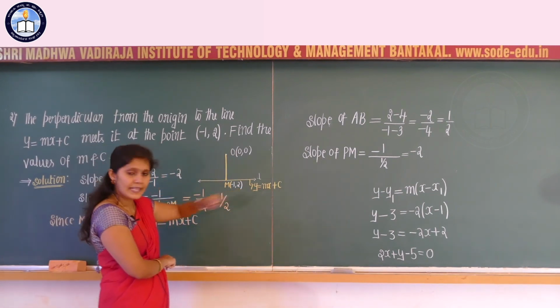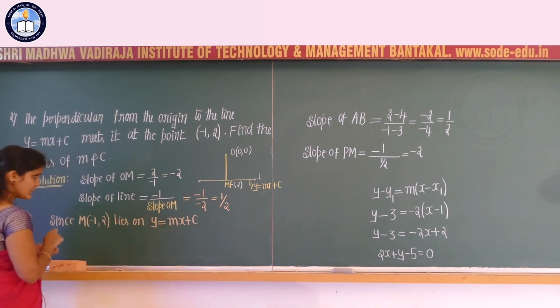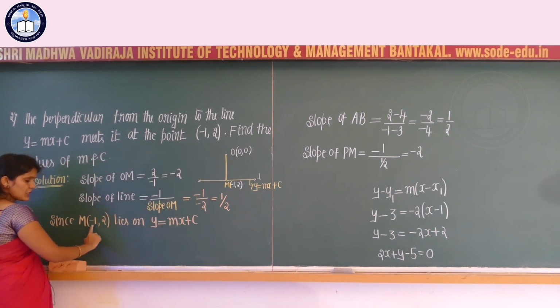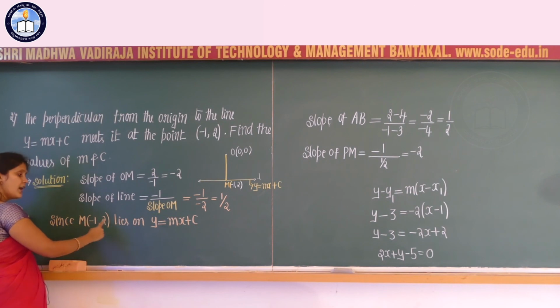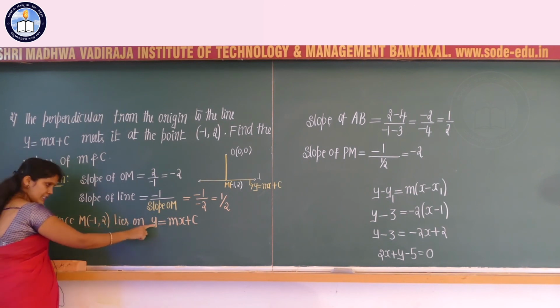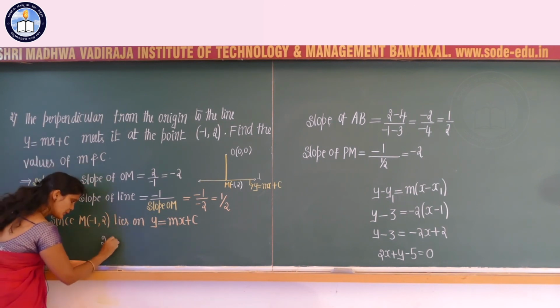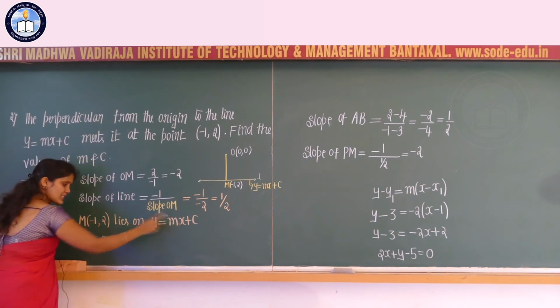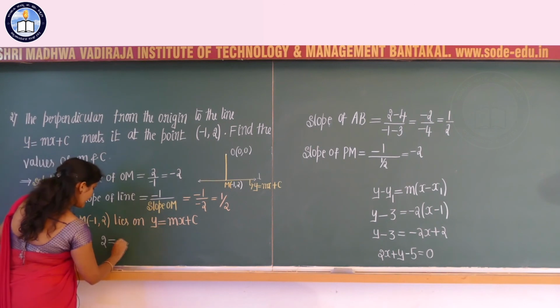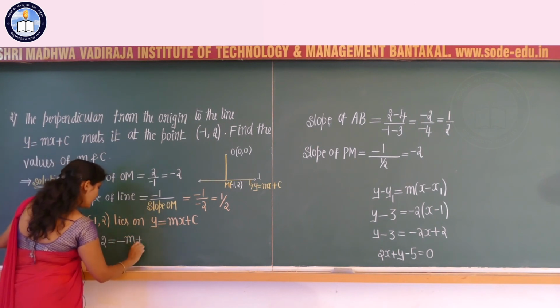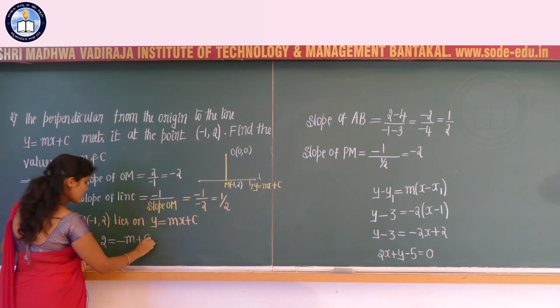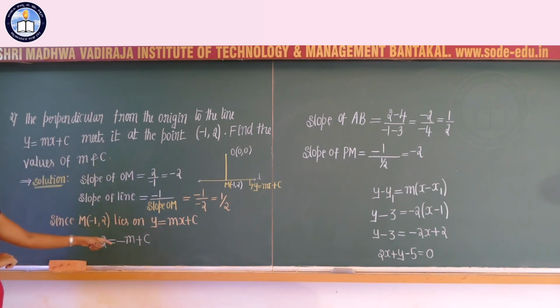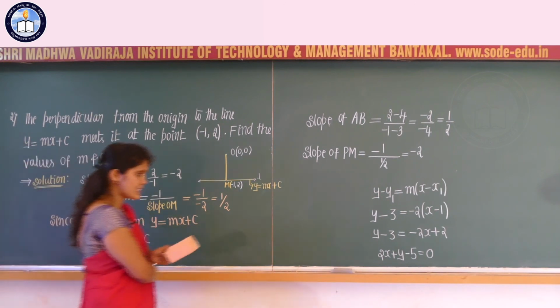Therefore I can substitute x is equal to minus 1 and y is equal to 2 in this equation. Y is replaced by 2, so 2 is equal to m into minus 1, that is minus m, plus the constant c, that is 2 is equal to minus m plus c.